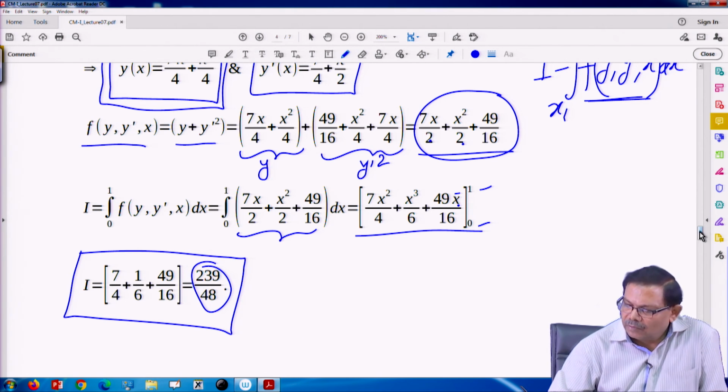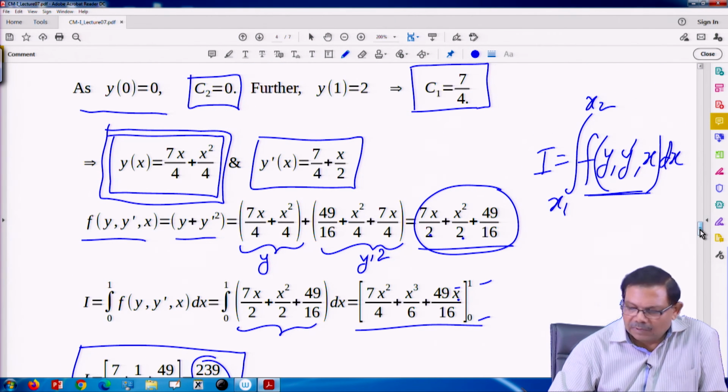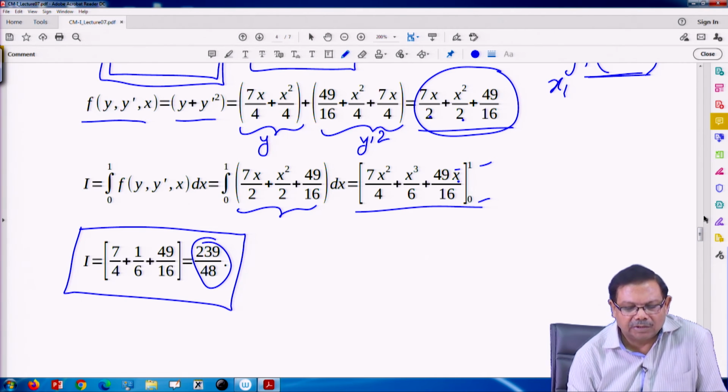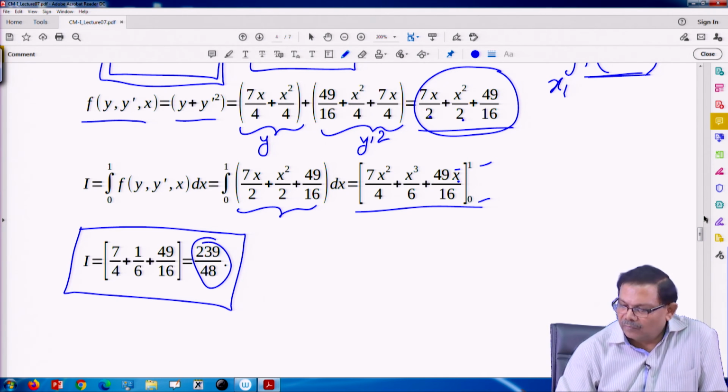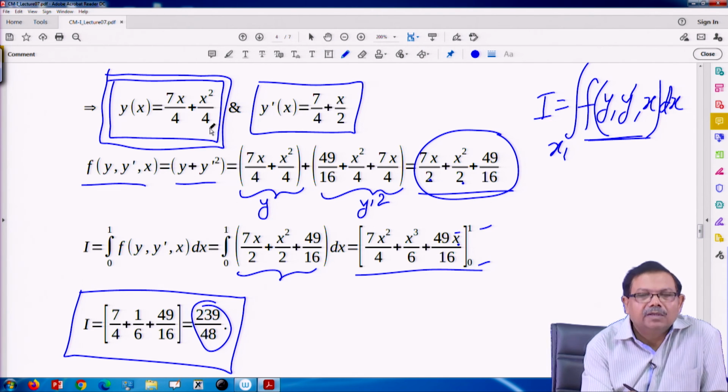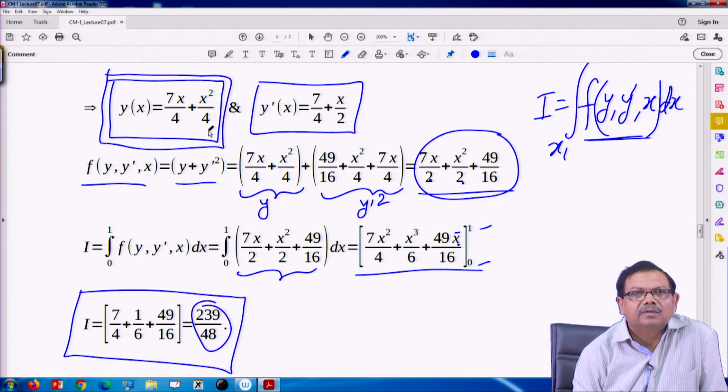So, we have found out the curve that makes it stationary as well as the value of the integral. If we vary the curve, if we take any other curve other than this, its value would be different than this. It will not be a stationary value.